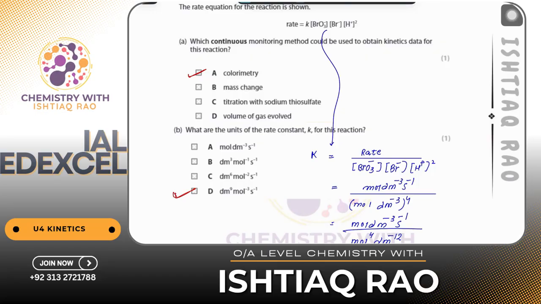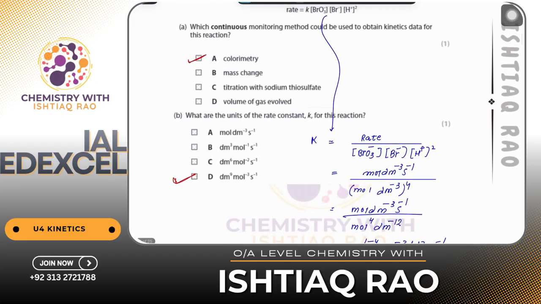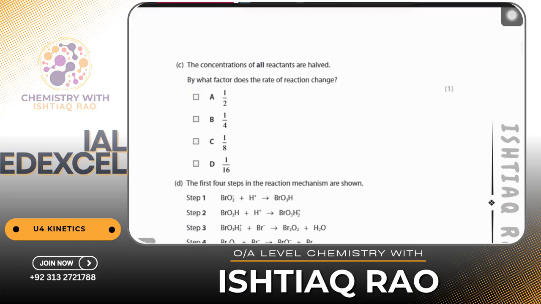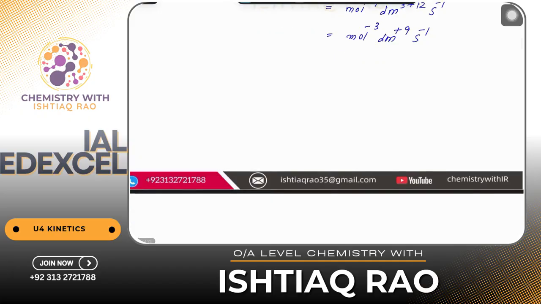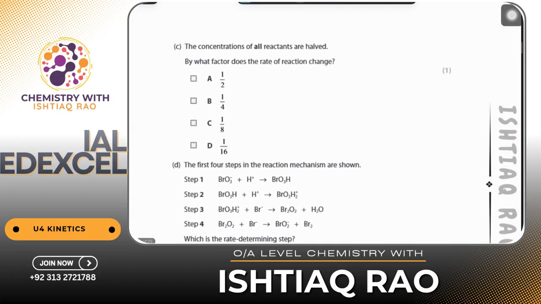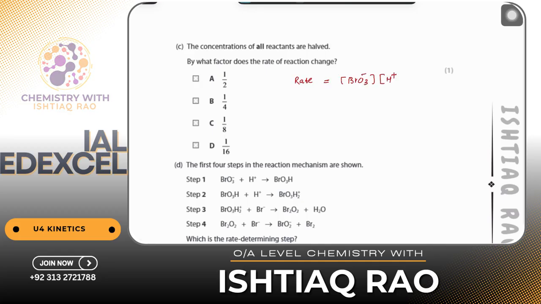After looking at this reaction, I would say the rate is equal to BrO3 negative, Br minus, and H plus squared. Same thing, right?